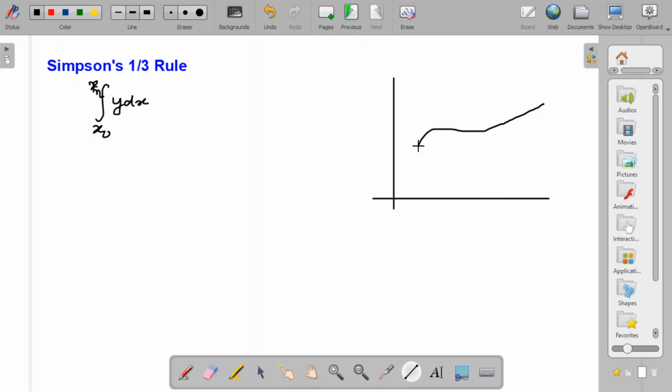So this is the value of the function at the point, say x0, and this is the value of the function at the point xn.